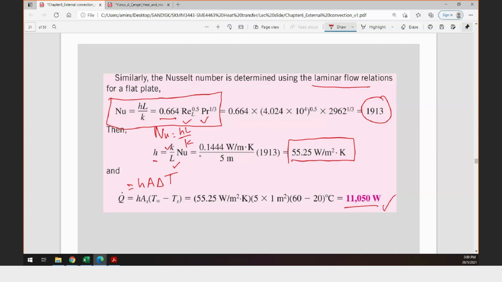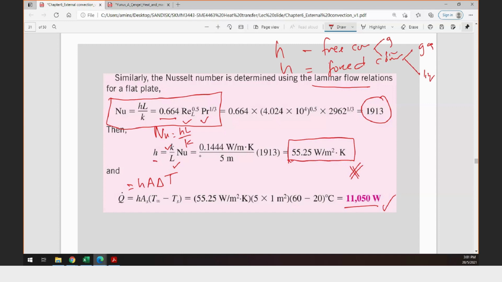Sometimes you need to check whether your h value is logical or not. Remember in chapter 1 there is a table of typical h values for free convection and forced convection, for gas and for liquid.